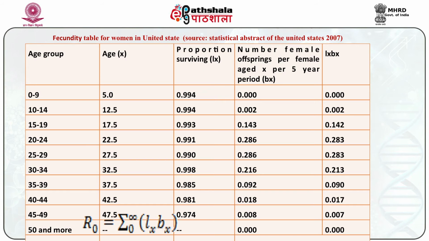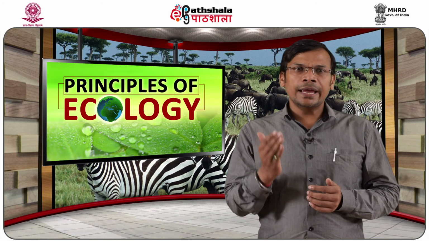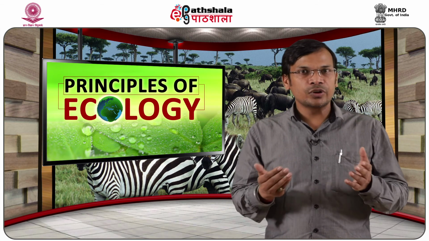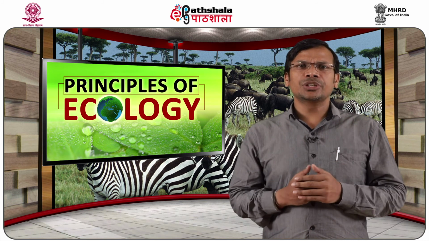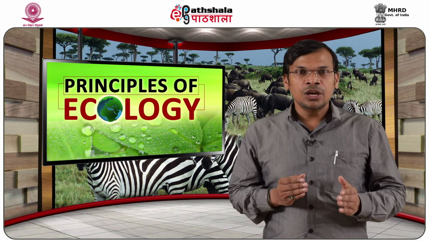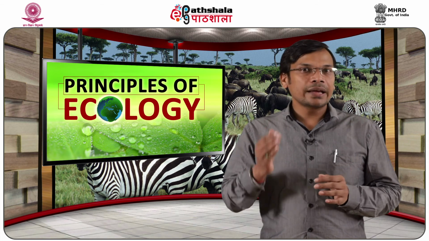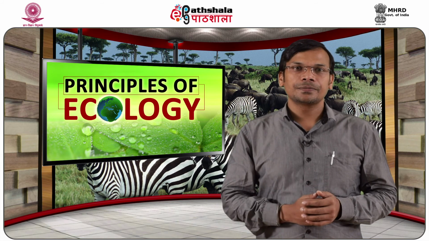In natural conditions, the environment is always fluctuating, sometimes favorable and sometimes unfavorable for the organisms. When environmental conditions are favorable, there is an increase in population size, and if conditions are adverse, population numbers start declining.